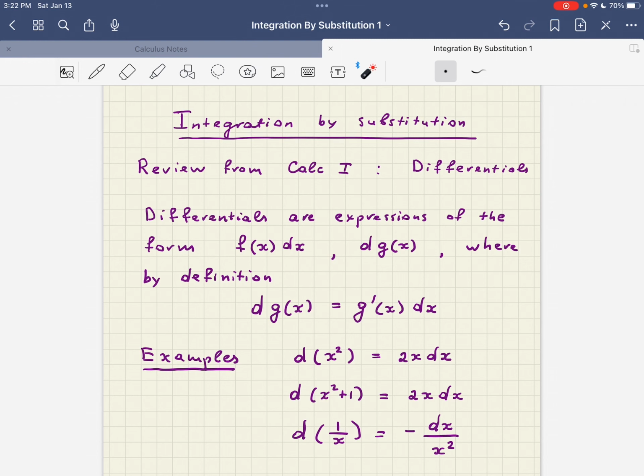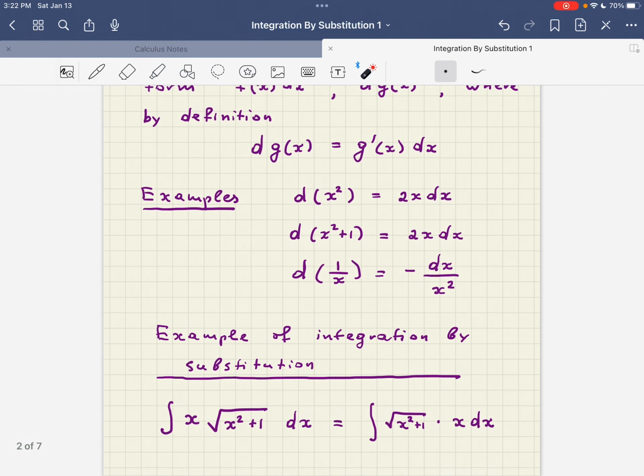Okay, now let's look at this example of integration by substitution. Suppose we need to integrate x times square root of x squared plus 1 times dx. The integration here is based on the following observation. First, let's rearrange the two terms in the function that we're integrating.